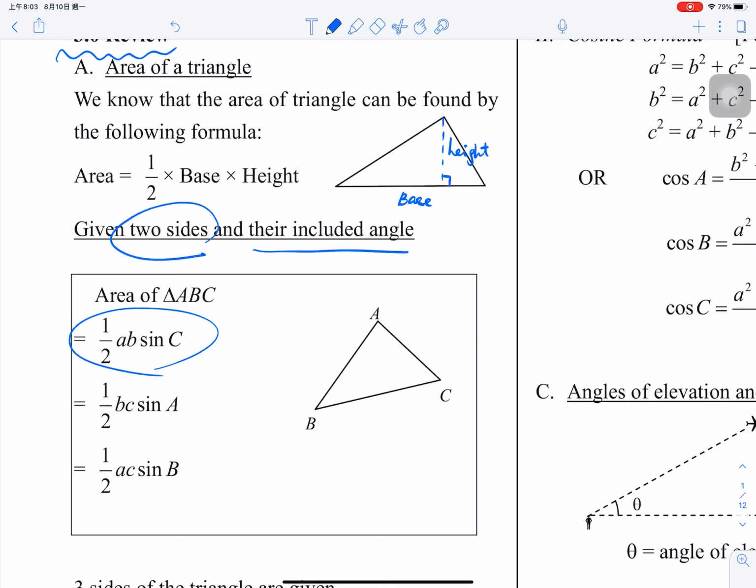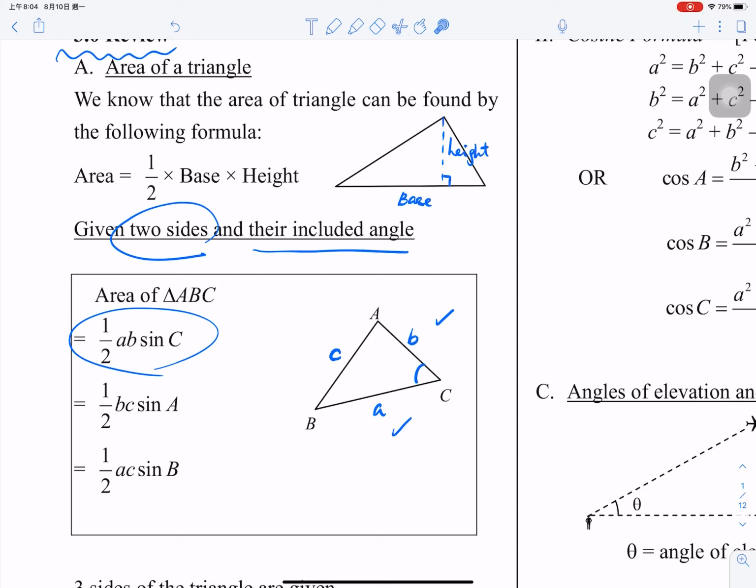That means, okay, here are a, b, c, 3 different sides. If we know a, b, and the included angle C, then 1/2 times a times b times sine C, then you can also find the area of the triangle, right? So any 2 sides and their included angle can help you.